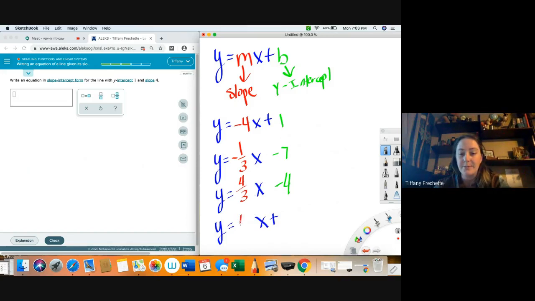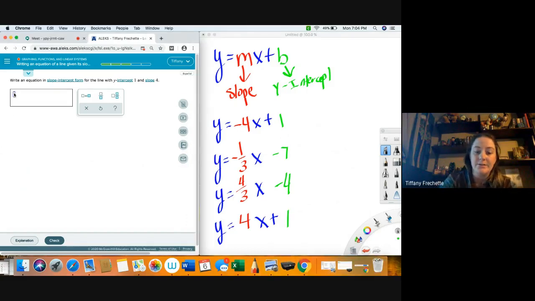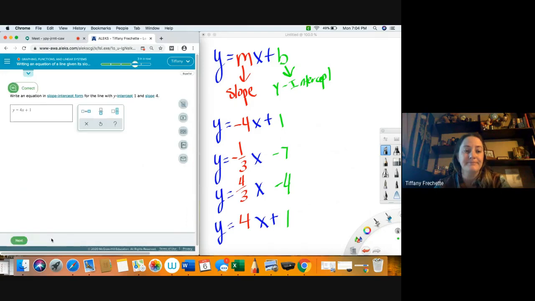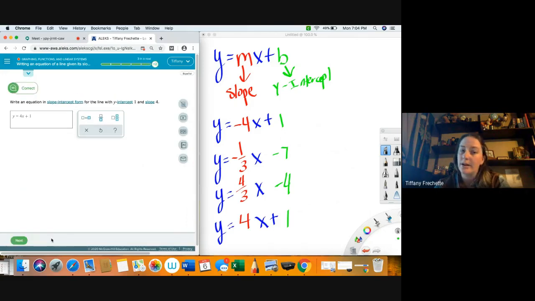So I have a slope of 4 and a y-intercept of 1. So I don't have to erase this plus sign because it's a positive 1. So I have y equals 4x plus 1. And then I click check. Ta-da! All right, we're all done with that one.